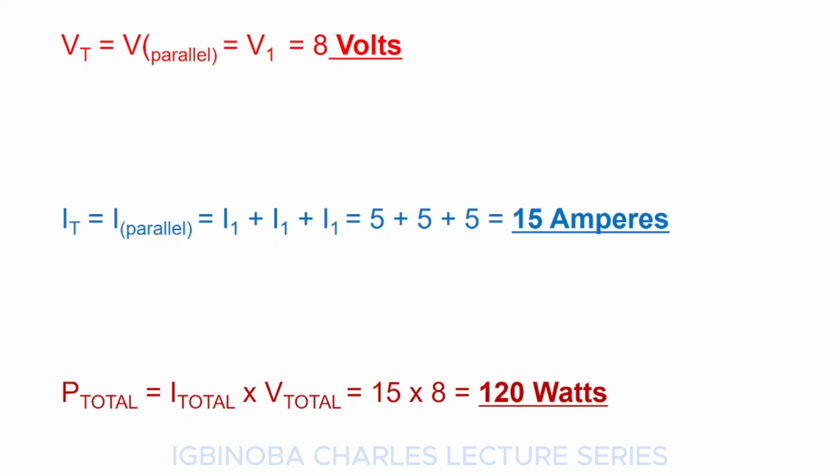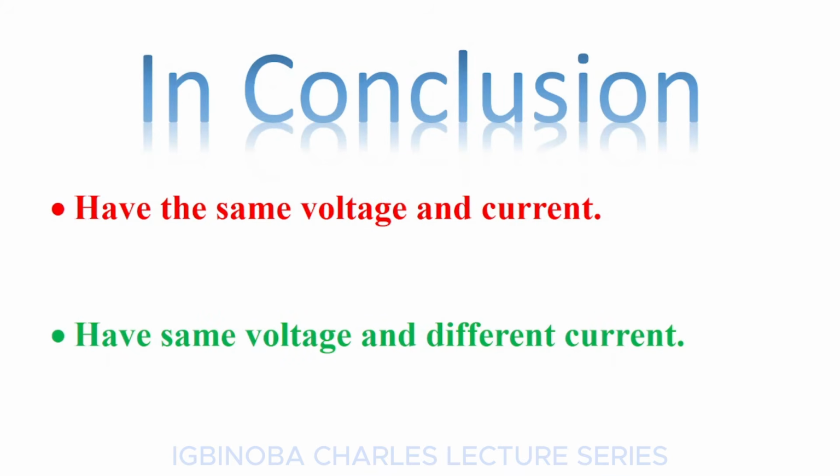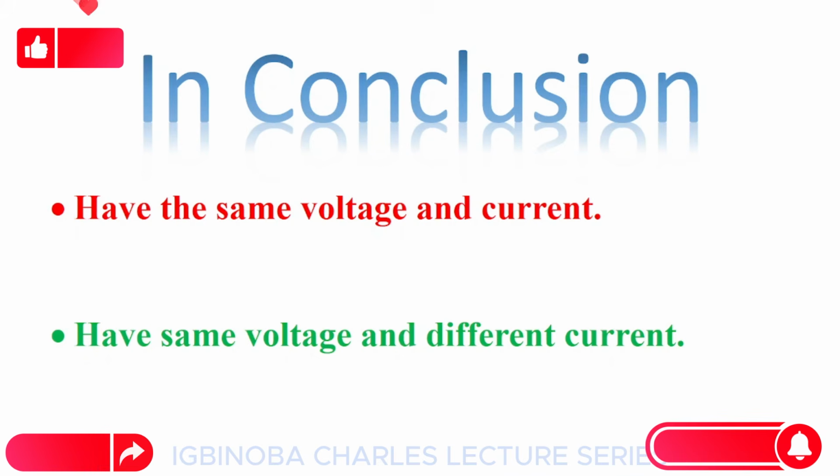In conclusion, to achieve maximum power output, before connecting panels in parallel, they must meet the following conditions. Number one, have the same voltage and current. Number two, have the same voltage and different current. So the emphasis here is the same voltage.